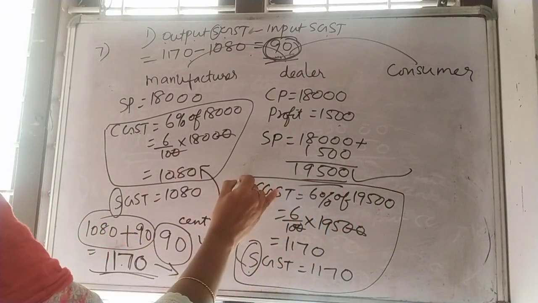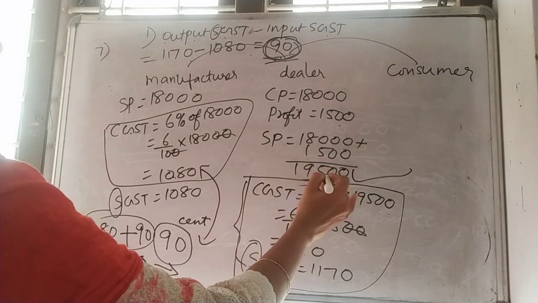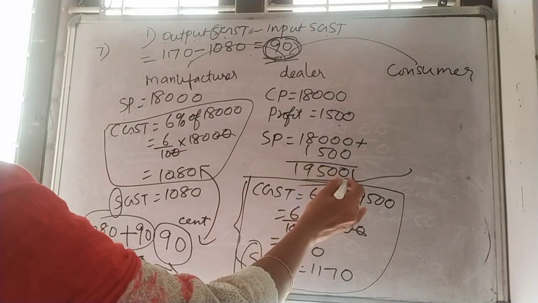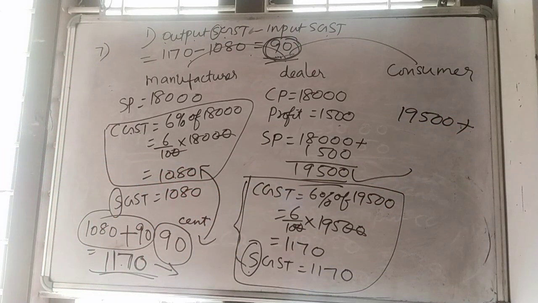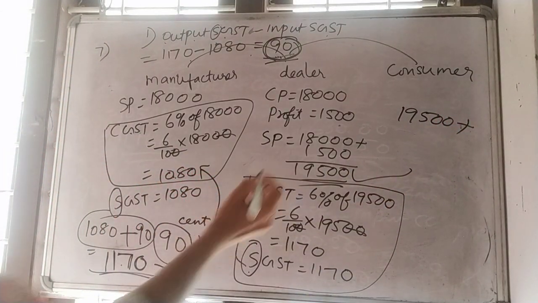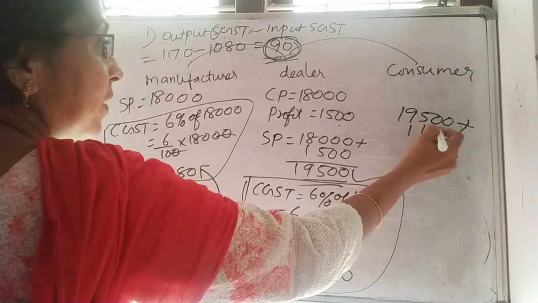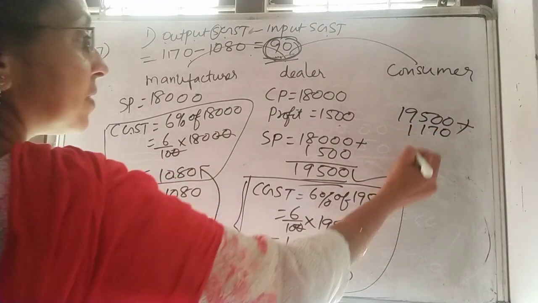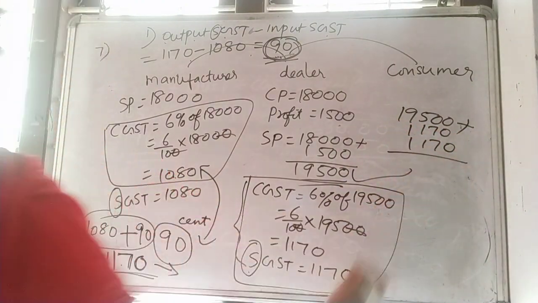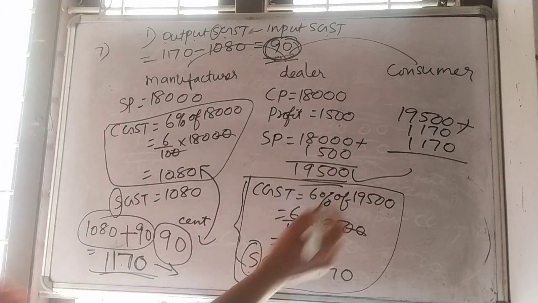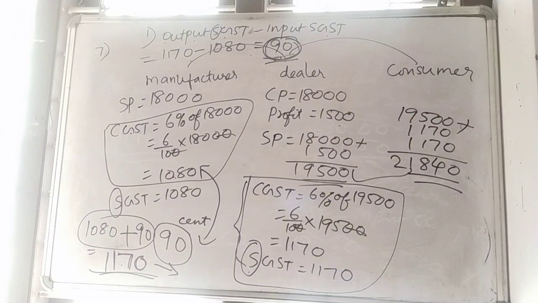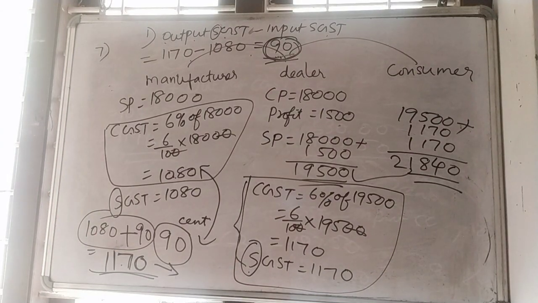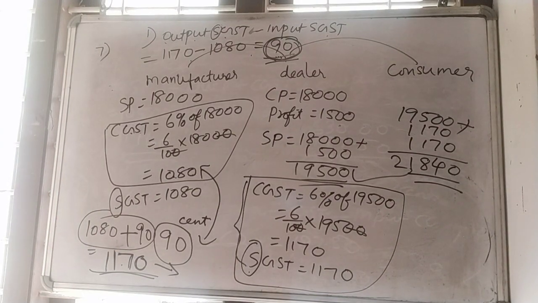So total amount is 19,500 plus 1170 plus 1170. It is 21,840. So that is the last part, that is the amount that the consumer pays for the TV. Okay, thank you.